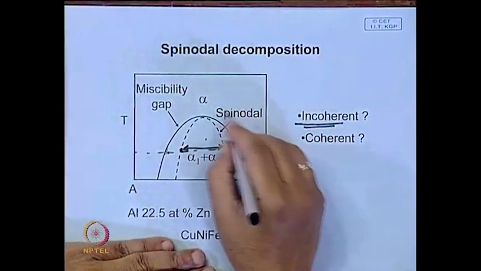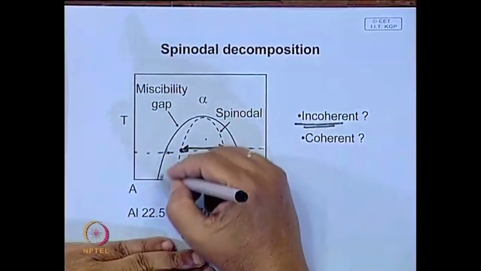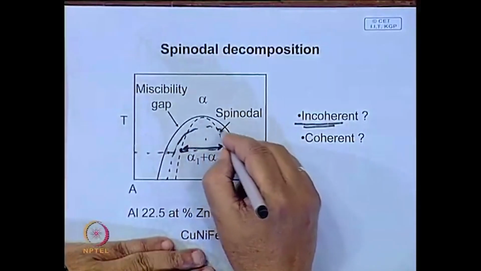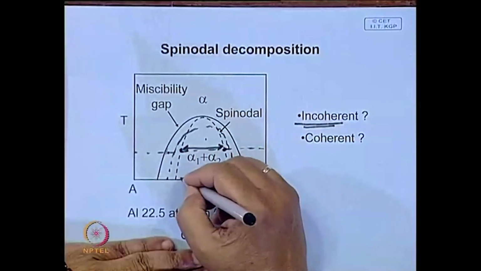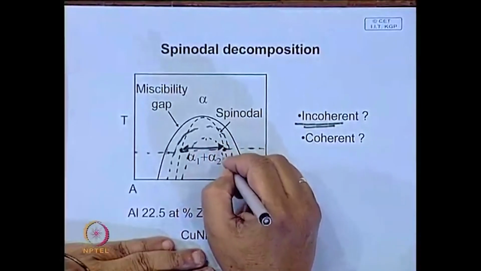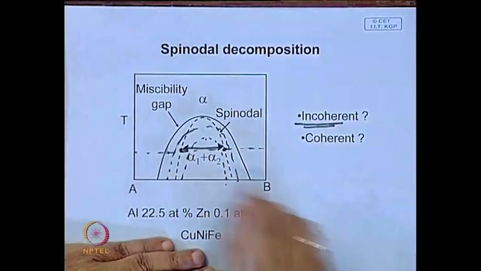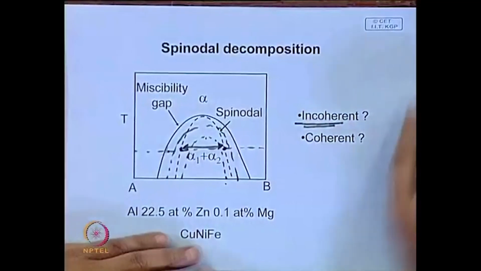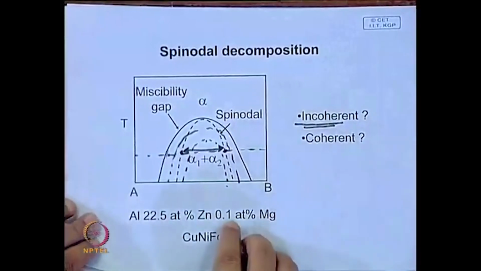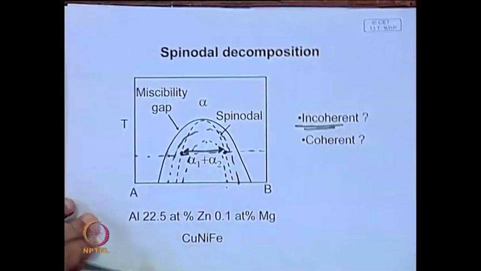If the precipitate is coherent, we can extend this, the solvus curve for coherent precipitate will be somewhere here. Similarly, for coherent precipitate you will have a different spinodal. So, the main advantage is that spinodal decomposition is possible in many alloys, which are listed here.